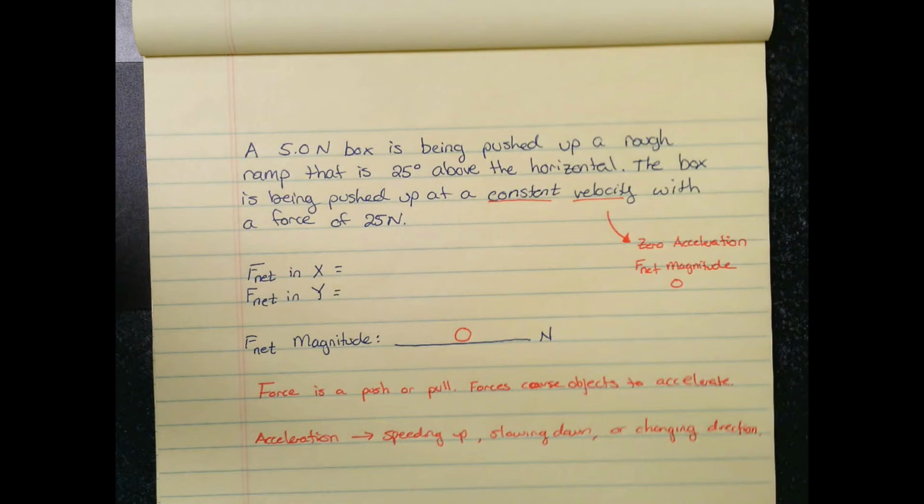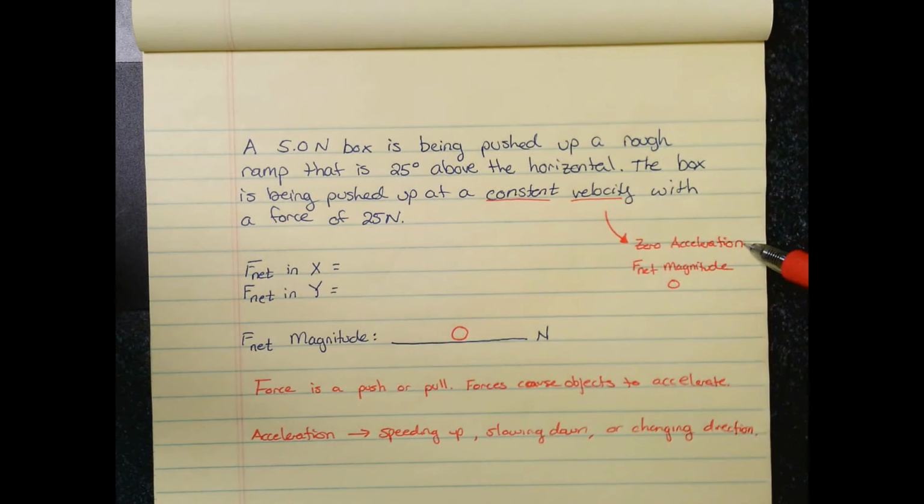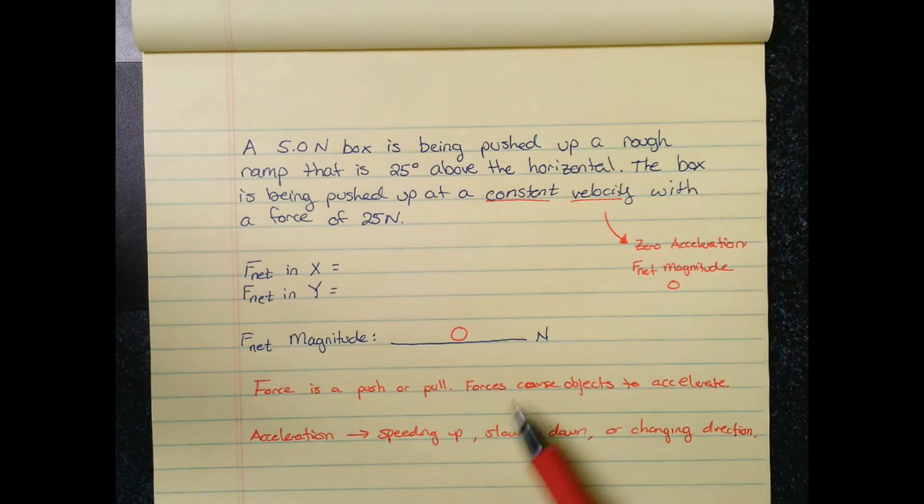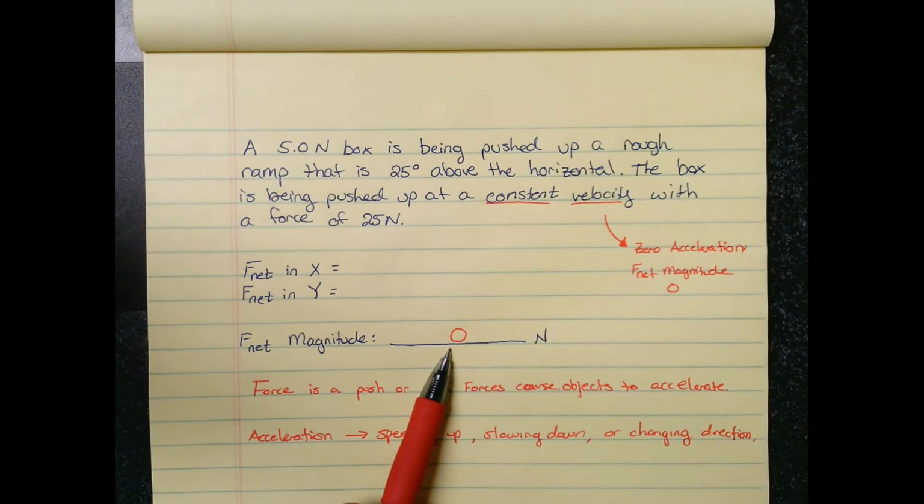It's not speeding up, it's not slowing down, so it has no acceleration. And force is defined as an object with mass that's accelerating, that's either being pushed or pulled by either contact or field forces. So this box can't have F net that is anything other than 0 newtons.